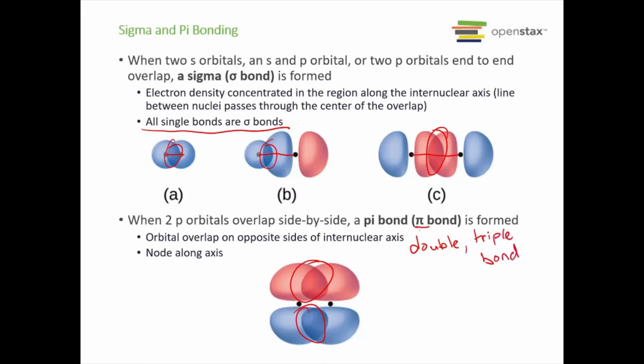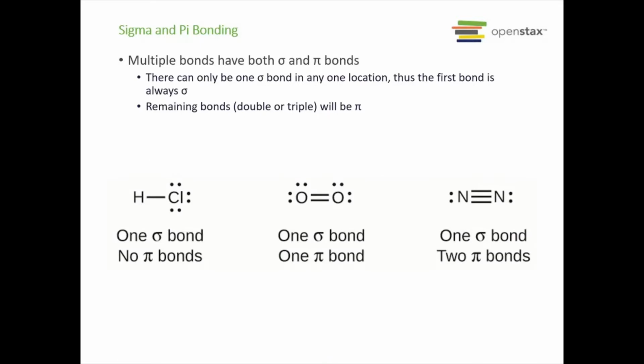Because you have these two lobes, you have a node along the internuclear axis. At this node, there's no electron density. So it's either above or below in one of those two orbitals. Again, with multiple bonds, if you have a double or triple bond, you have both sigma and pi bonds.